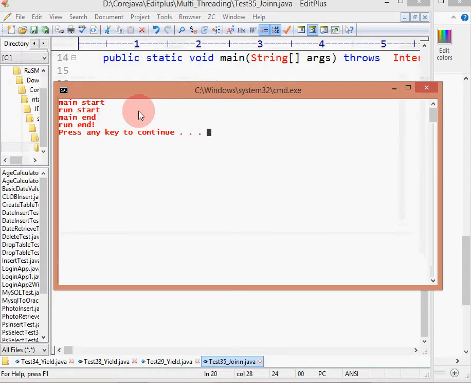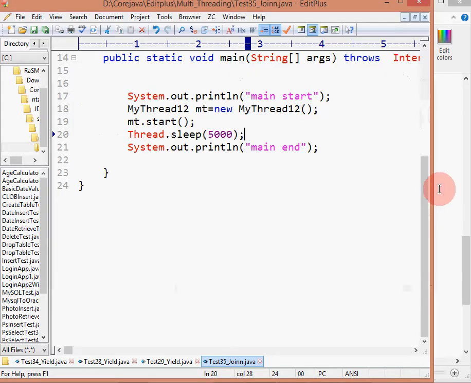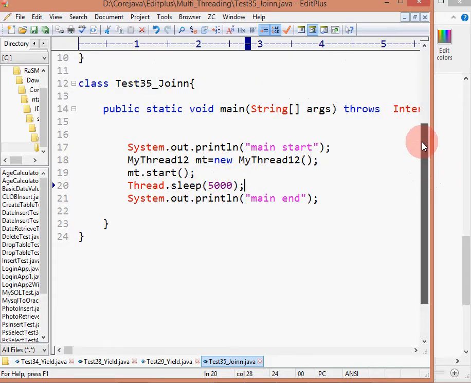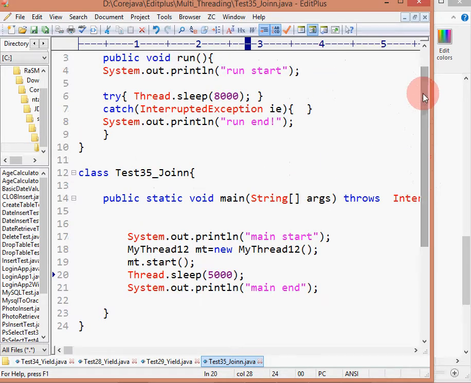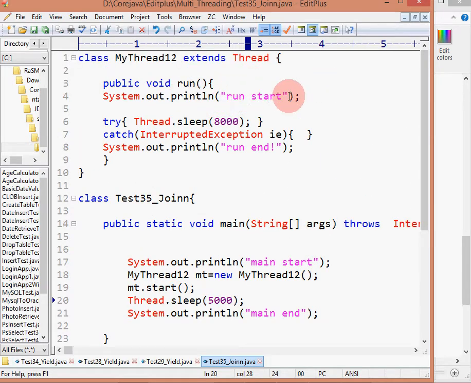What is happening first is that Thread.sleep takes 5 seconds to sleep, pauses the execution, and control directly goes to the run method. In the run method, it prints run started, and it finds the Thread.sleep of 8 seconds. That means control comes to the 8 seconds. Then it completes the thread. It was given 5 seconds, so it completes the 5 seconds. When that ended, control went to the 8. Here you observe that it takes 8 seconds to complete the work.